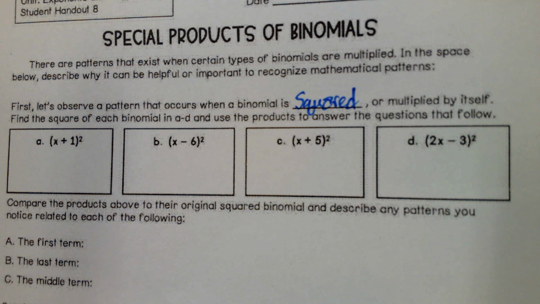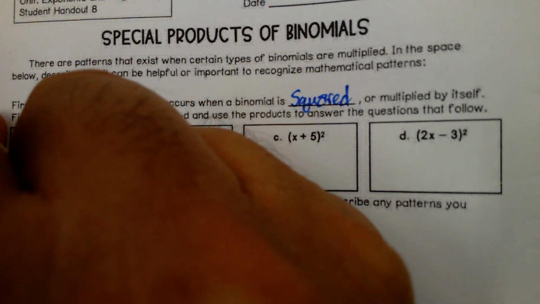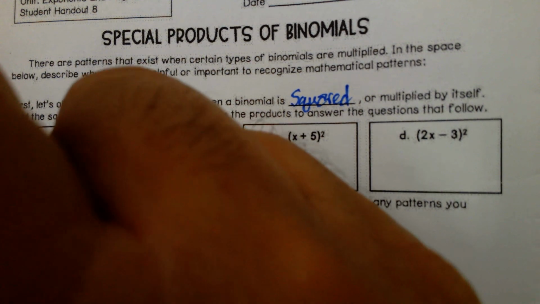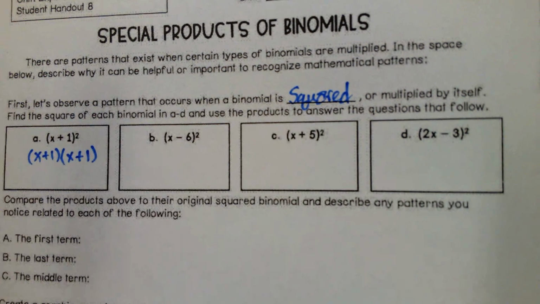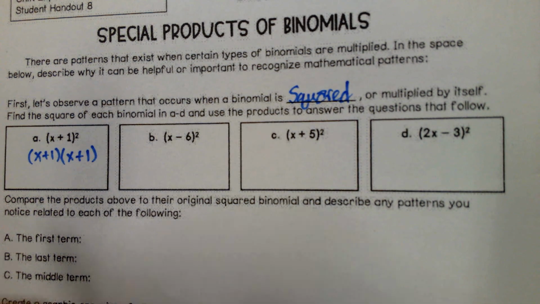Okay, so we're going to square x plus 1. That means we're going to multiply x plus 1 times x plus 1. You could do FOIL, you could do the box method. Let's just multiply. I like FOIL.